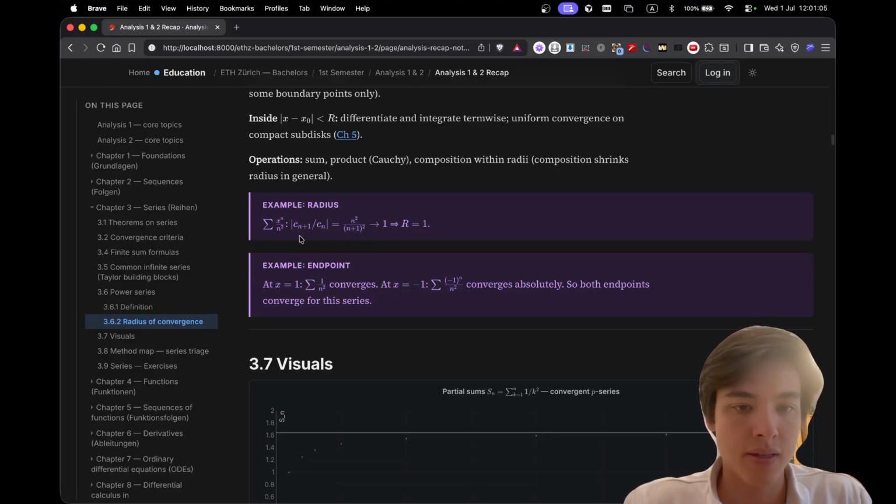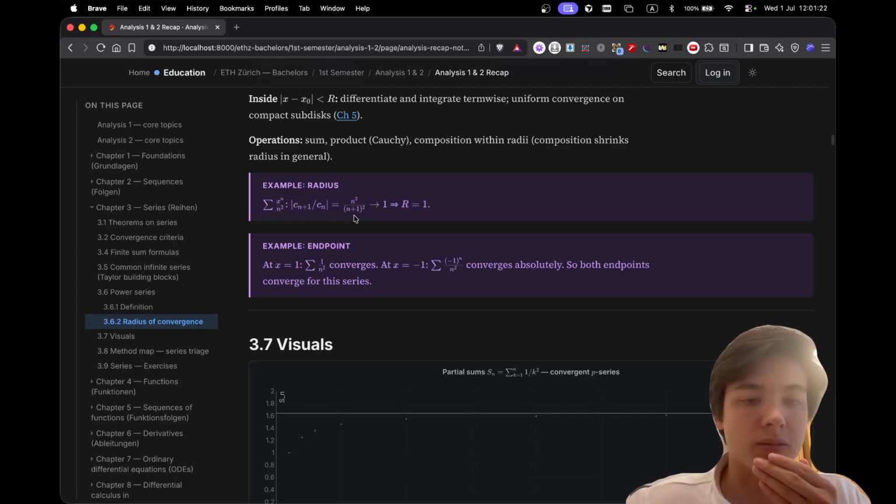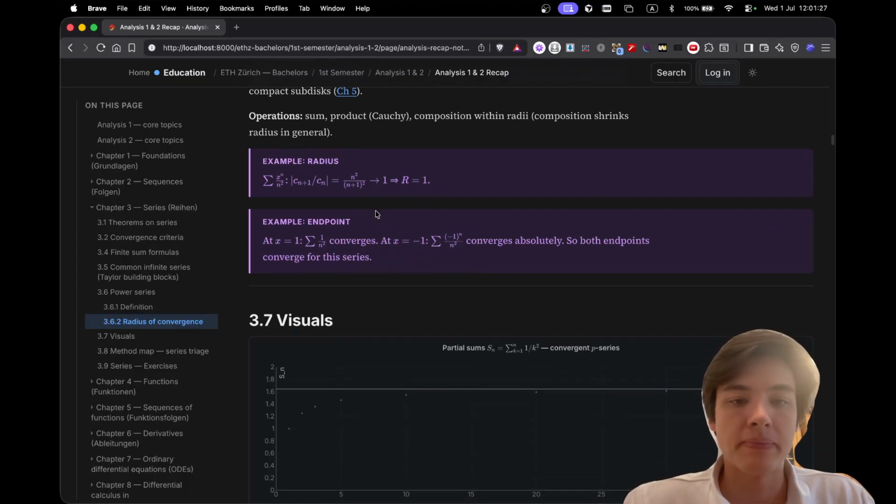Cn, n plus 1. And then if we calculate the limit, we see this goes towards 1, so the convergence radius is 1.